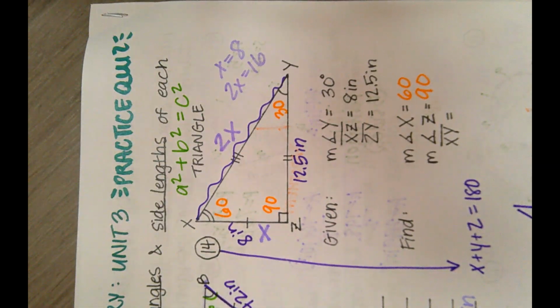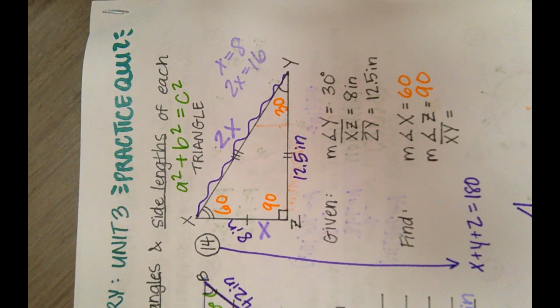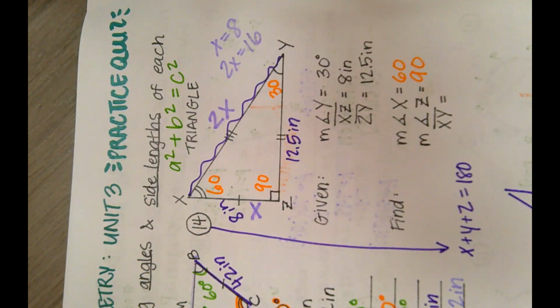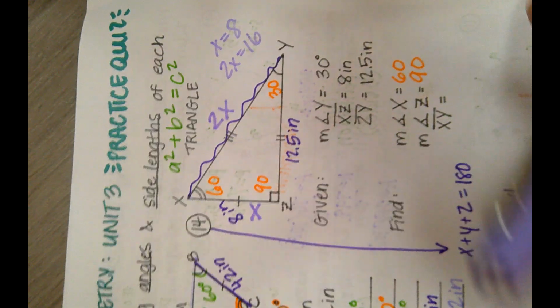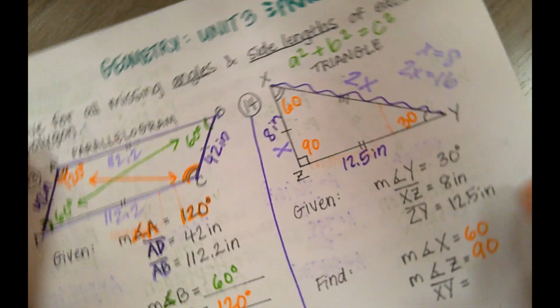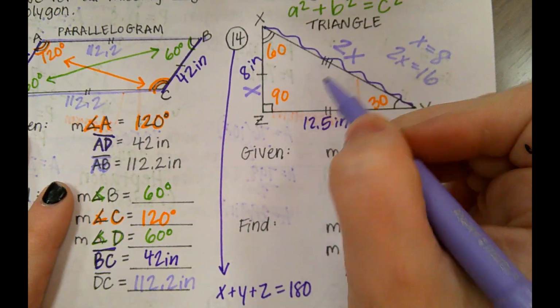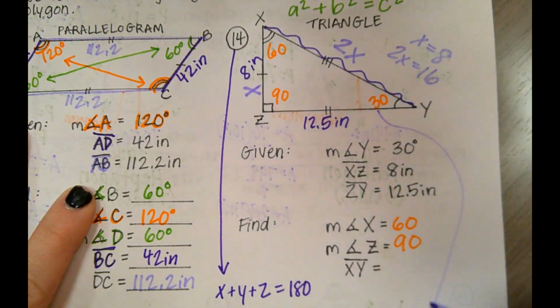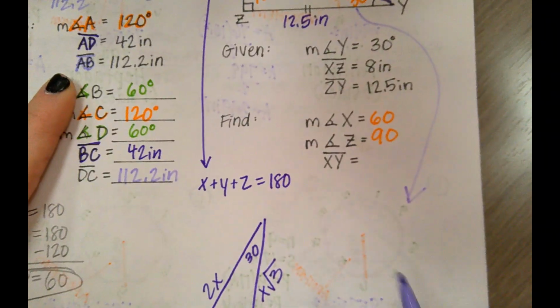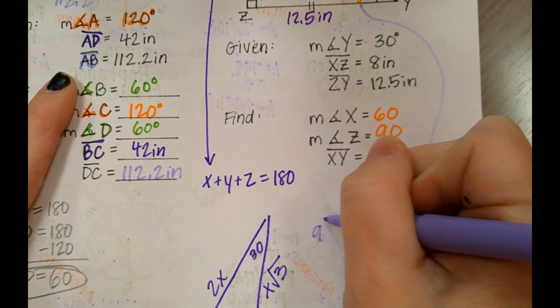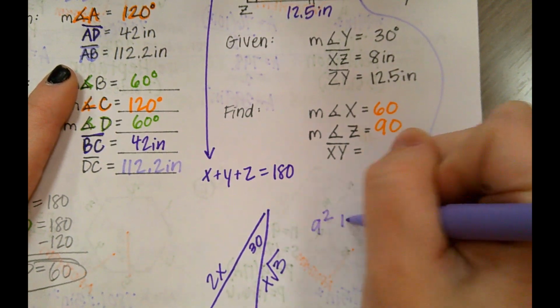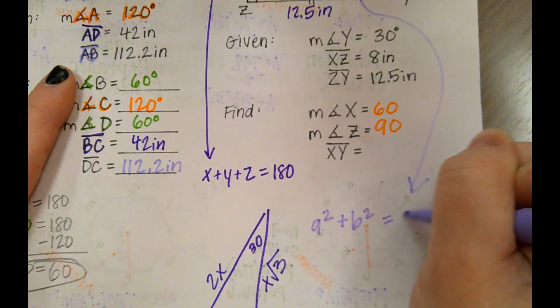Now, in case you don't remember special right triangles, or in case you just like the Pythagorean theorem better, we can use the Pythagorean theorem to solve. So I'll show that way as well. I know the Pythagorean theorem is a squared plus b squared equals c squared.